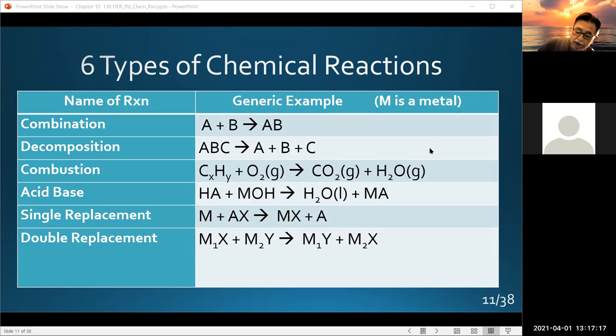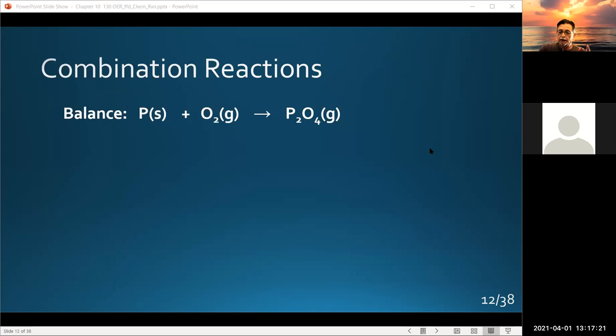All right, so those are the 6 types of general reactions in generic form. So specific reactions. We're looking at phosphorus plus oxygen to give us P2O4, or diphosphorus tetroxide. Now, you can see we have 2 reactants, both in elemental form, to give us a new compound, a single compound.